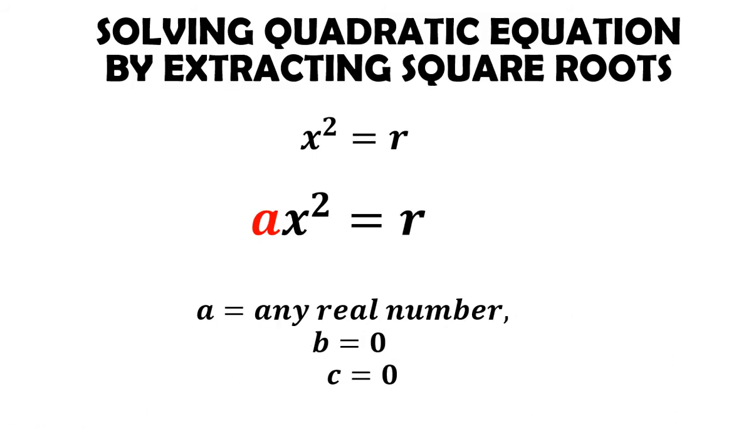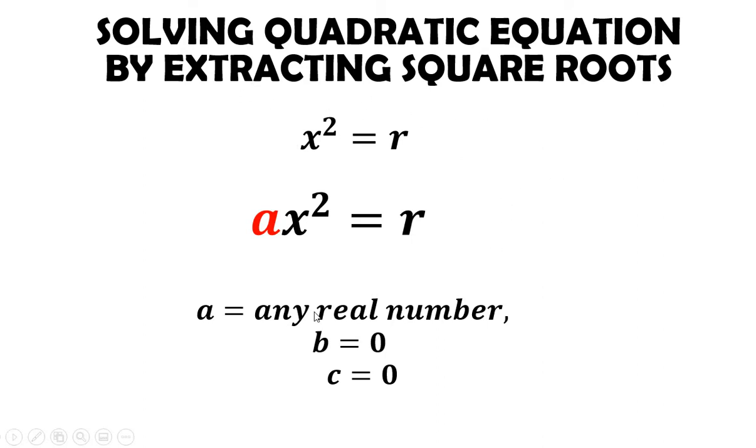Next, solving quadratic equations by extracting the roots, in this form we have x squared equals r. This is the value of c, any value of c. Ito yung focus natin.